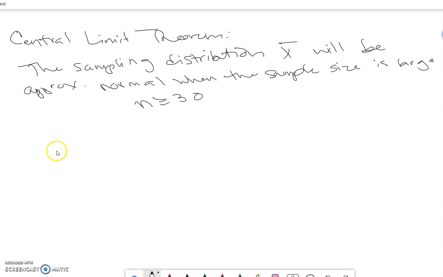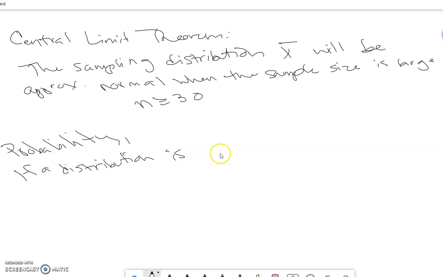The second one is rehashing probability. If the distribution is normal, so if the sample size is large enough, we can use it to find z-scores.